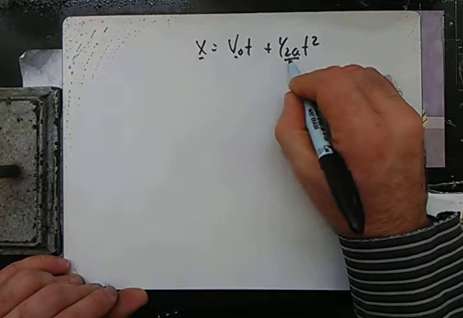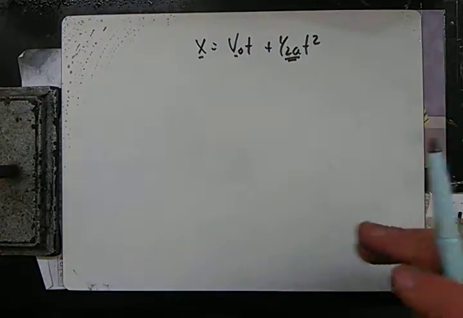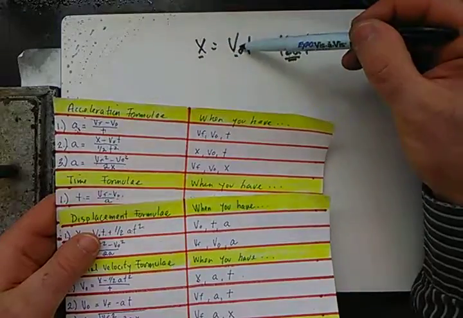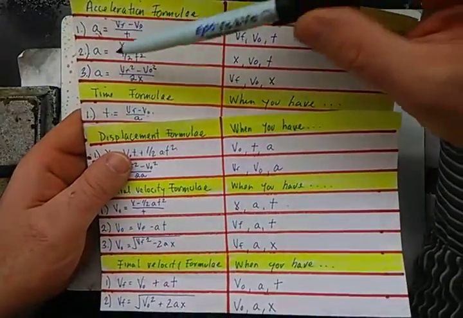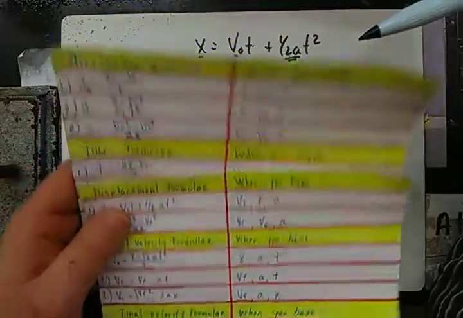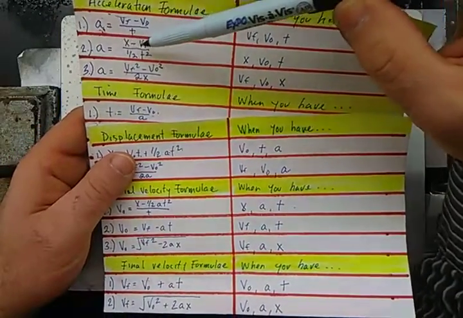So if you want to look for a, given x, v naught, and t, you can solve it with this one here.